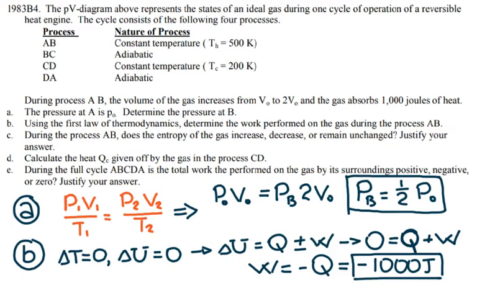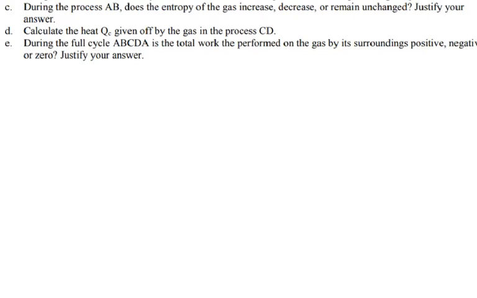For C part, during the process AB, does the entropy of the gas increase, decrease, or remain unchanged? So for C, the entropy has a formula. So the change of entropy is equal to the heat change over the temperature. The heat is added into the system, so it is a positive number.